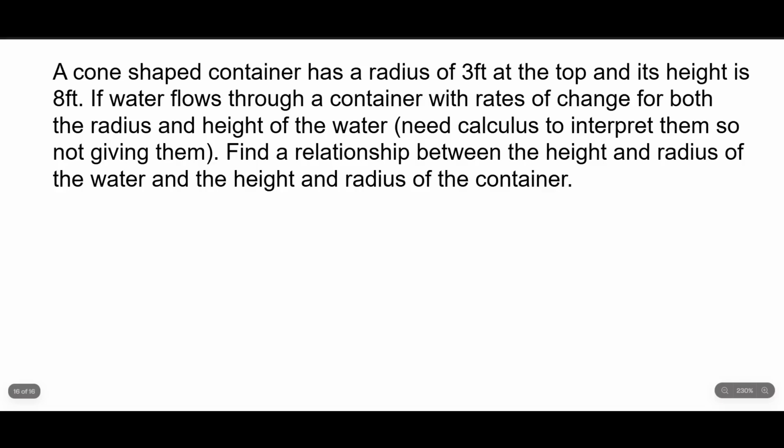So it's really about finding a relationship between the height and radius of the water and the height and radius of the container. This is part of the calculus related rates problem you will be doing once you learn calculus. In fact, it won't even tell you to find a relationship; it's just assumed that you will. But I'm trying to get you to do these types of problems before even starting calculus, doing as much as I can with the stuff you already know.